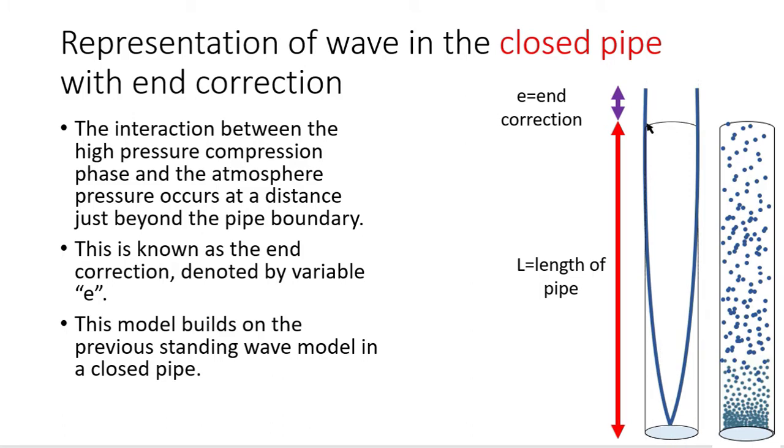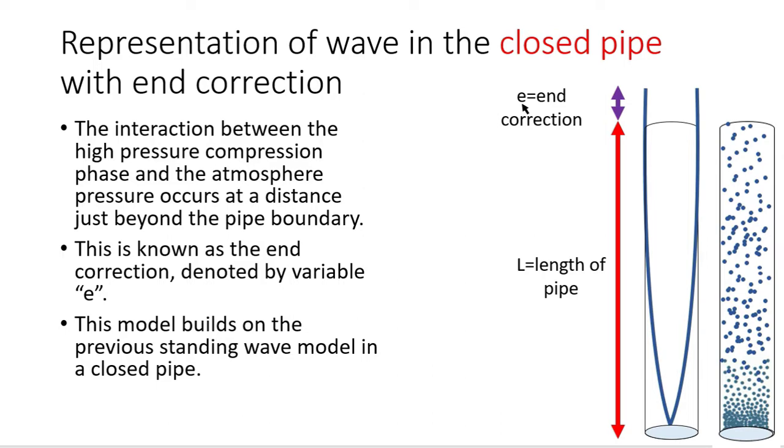What happens is that the exchange between the compression phase being dissipated into the atmosphere really occurs at some distance away from that boundary line, and that distance is given by this variable E, some particular length away from the boundary of the pipe.